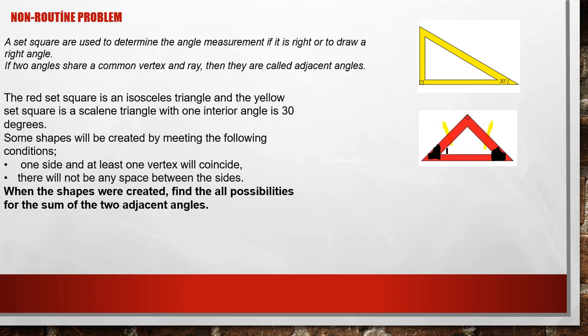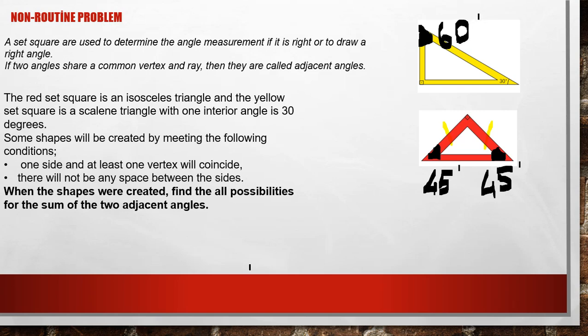So there should be 45 degrees. And let's find the unknown angle here. Their interior angles should sum to 180. So here is 90 plus 30 and then it should be 60 degrees.